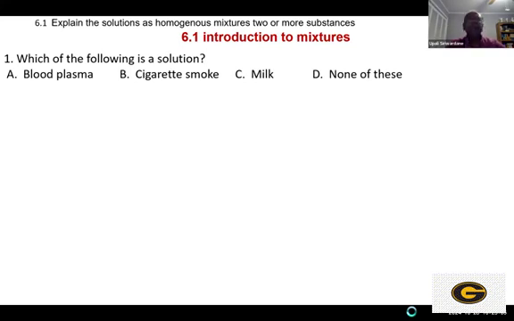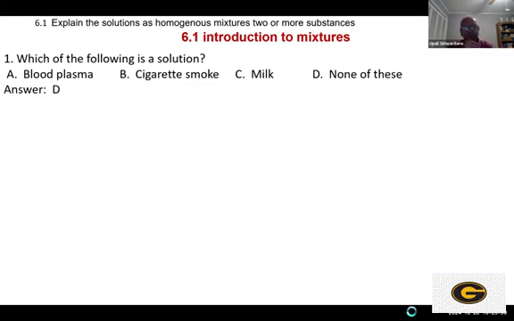Blood plasma is obtained from blood by filtering platelets. Cigarette smoke is a kind of solid and gas. Milk is a colloid. Answer is none of these.